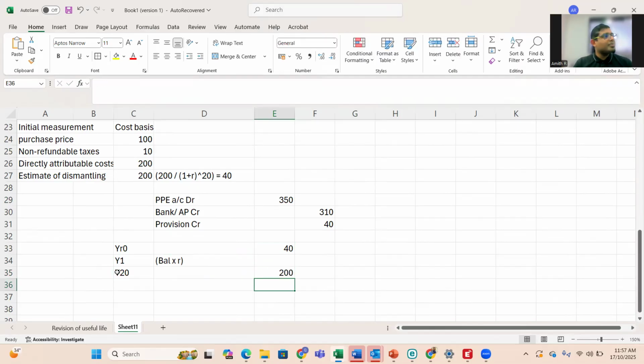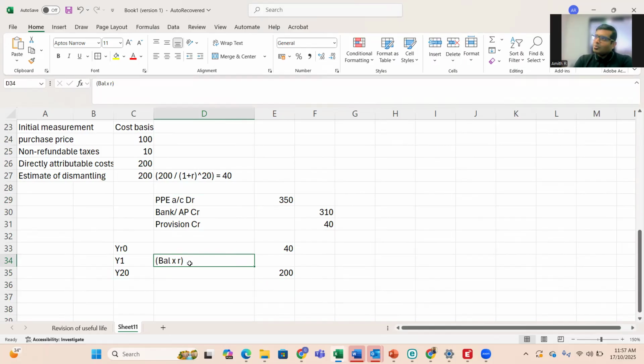And now I'm paying the dismantling costs. So what would be the entry? Provision would be debited, bank would be credited. So is there a reference to IAS 37 coming here? Yes, only that we are focusing on this, not 37. So this extra, this balance into R, what would that be?